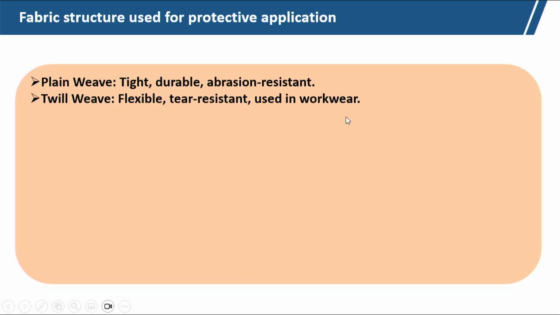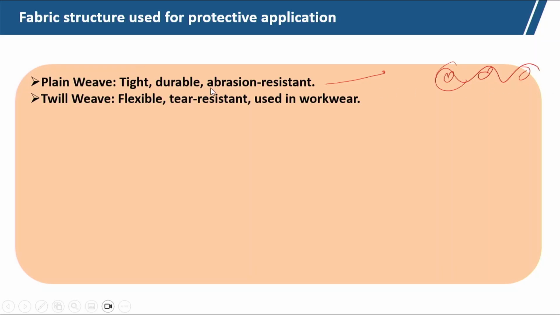So, why is the plain woven fabric highly abrasion resistant? Because in plain weave the number of interlacements is high, and it is tight.